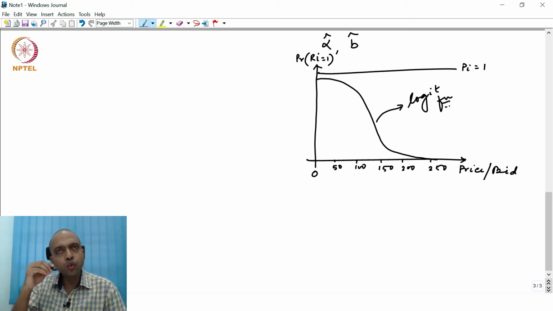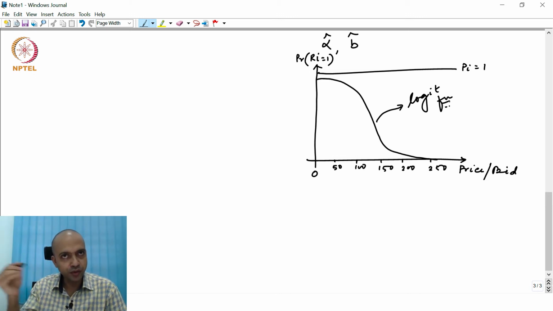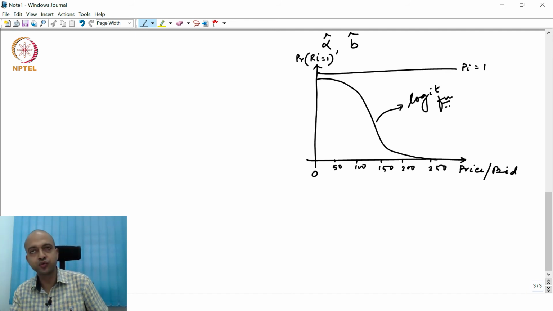Now the willingness to pay, what we are talking about, has some connection with the consumer surplus from the compensated demand function or demand function we have discussed in our microeconomics.